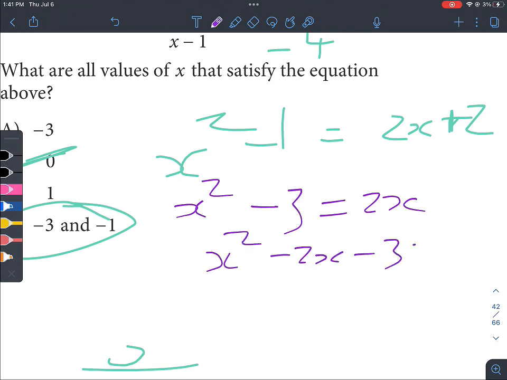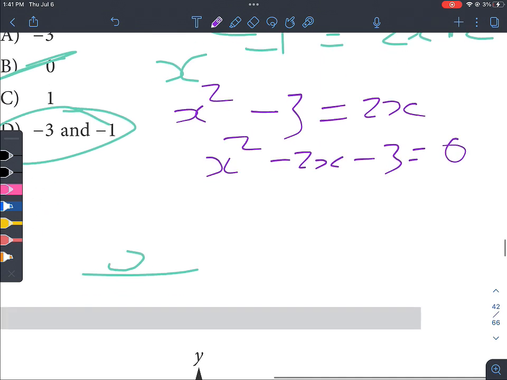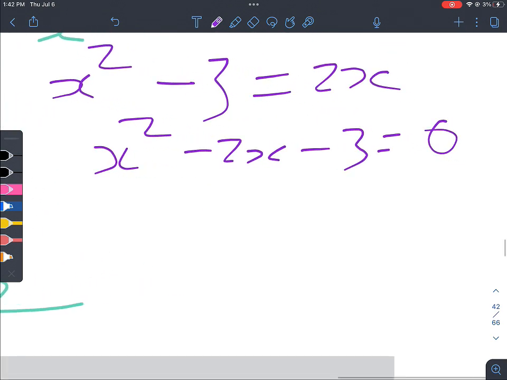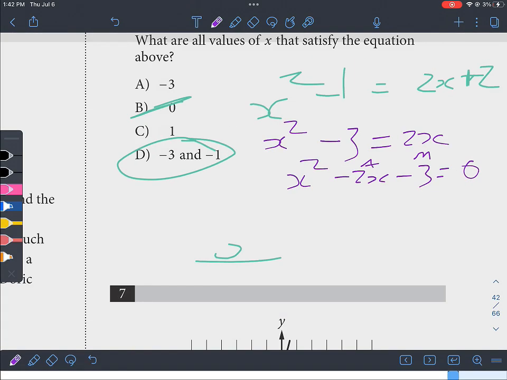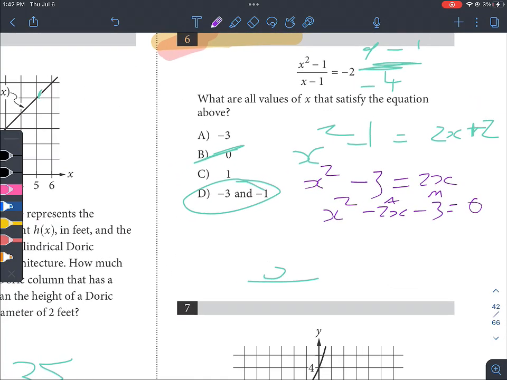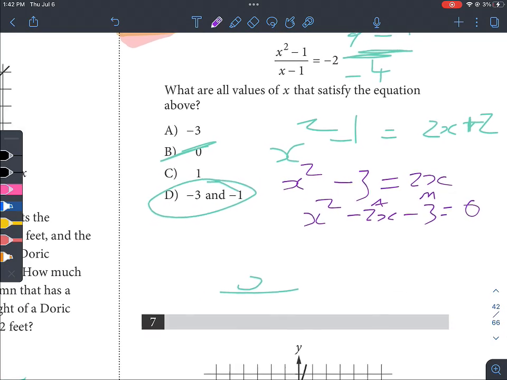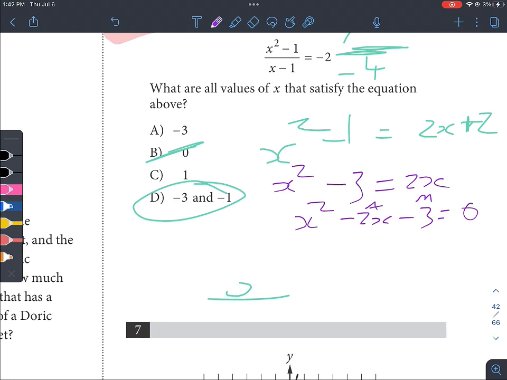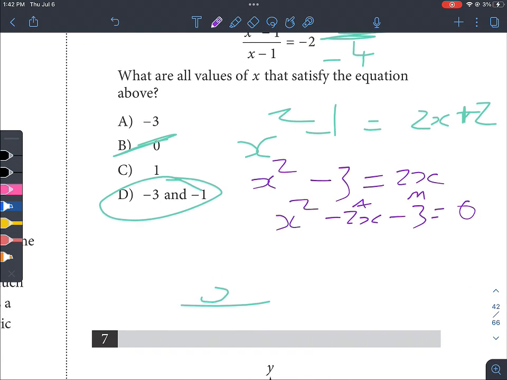Let's do some factoring real quick. What adds to negative 2 and what multiplies to negative 3? Oh! Okay. I think I finally figured it out. It's been 5 minutes. I apologize for it taking at least 5 minutes to figure this one out.